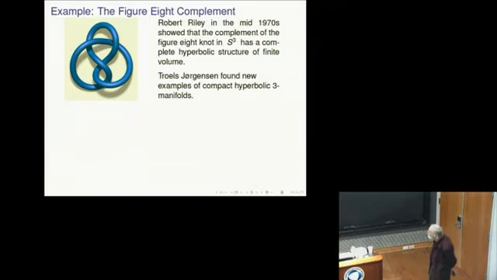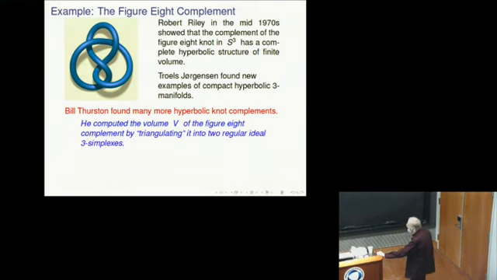And Troels Jorgensen found more examples, in this case of compact manifolds with curvature -1. I should say that there were known examples much earlier, but just a few very isolated and special examples. These were general examples showing wide classes of manifolds with constant negative curvature.